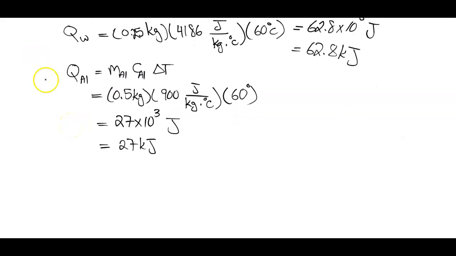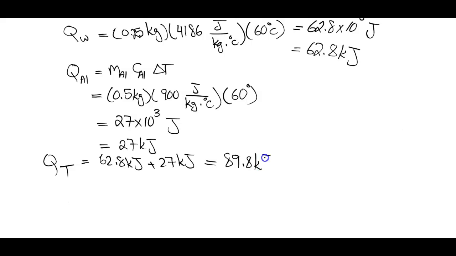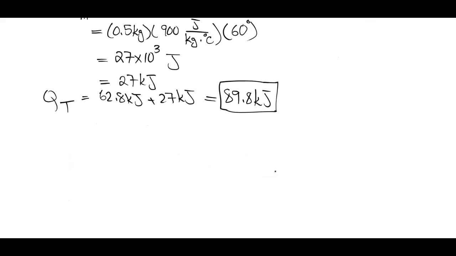So the total heat for part A then is going to be 62.8 kilojoules plus 27 kilojoules, or 89.8 kilojoules. So this is the amount of heat that is exchanged from heating the pan and the water.